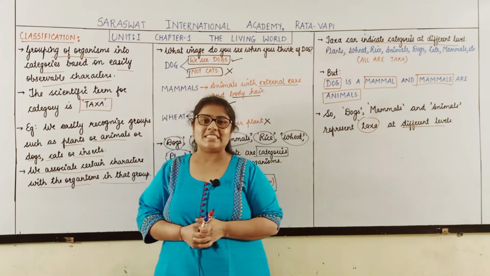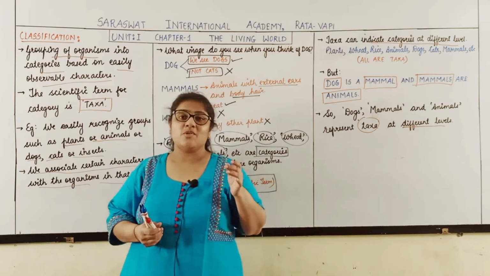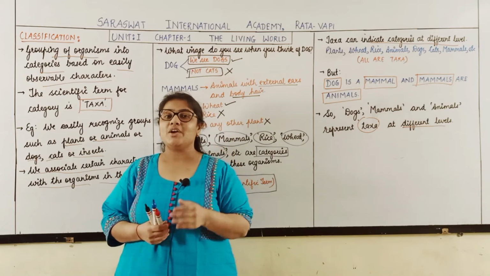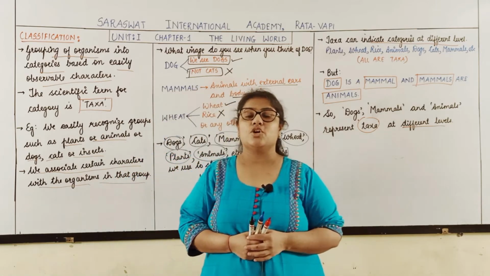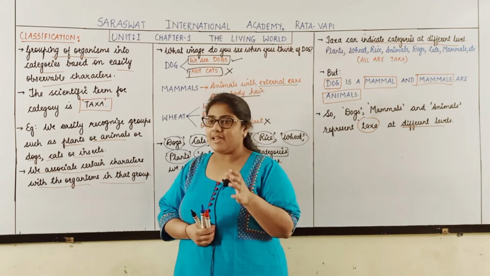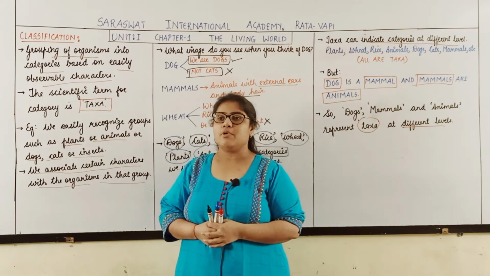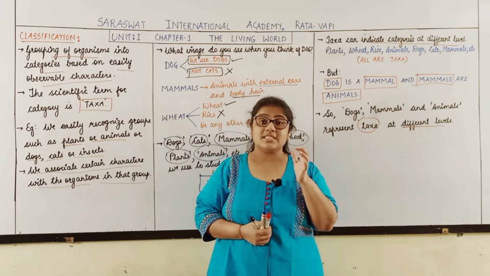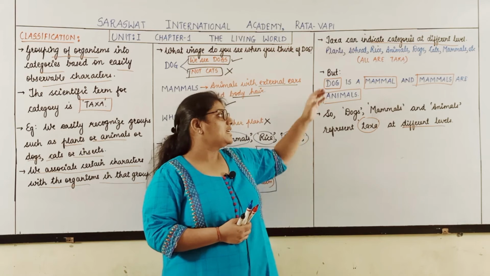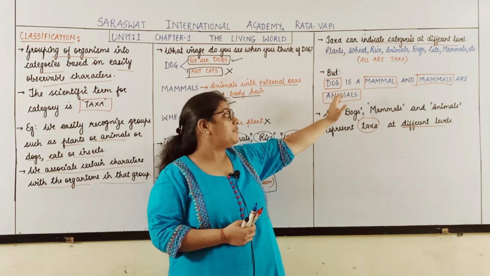So students, this is regarding the classification. What is classification? Grouping of the organisms into categories based on observable characters. And the scientific name of this category is called taxa. Taxa represent the categories at different levels.